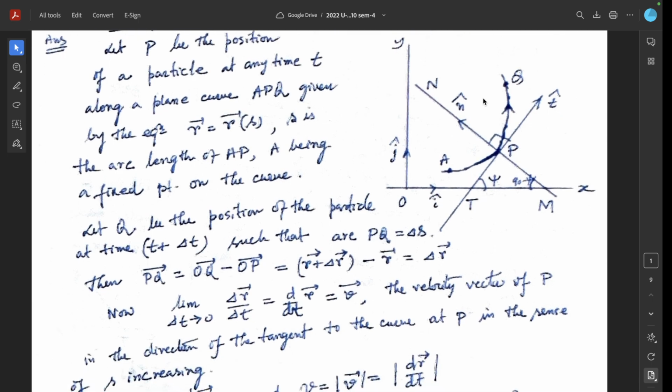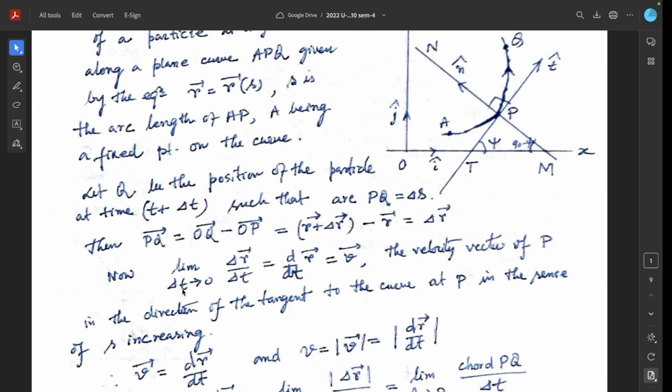Let Q be the position of the particle at time t plus delta t such that arc PQ equal to delta S. Then PQ vector equal to OQ vector minus OP vector, so this equal to delta r vector.